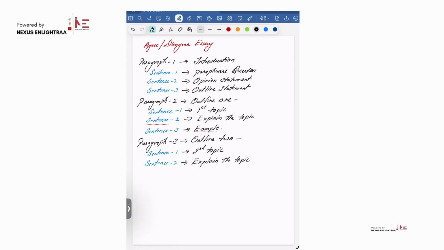And sentence 3 is your example. And the last paragraph, paragraph 4, is your conclusion paragraph.